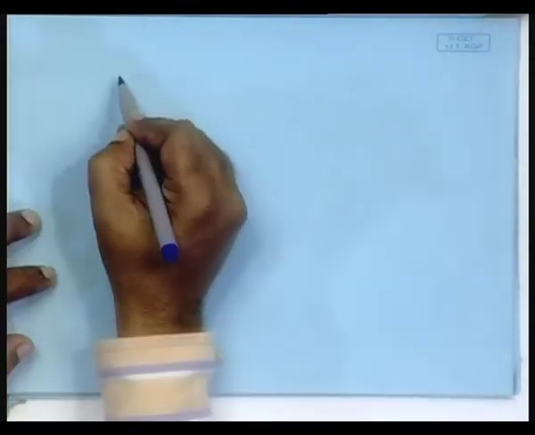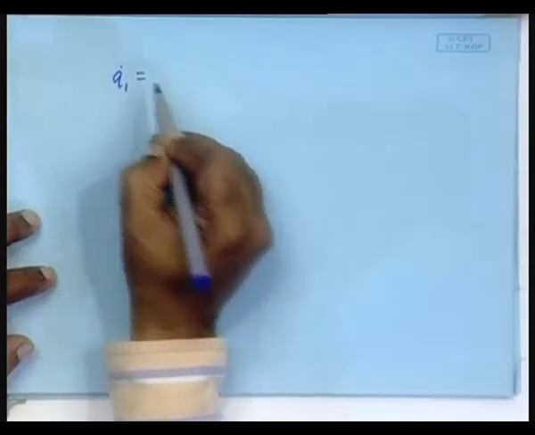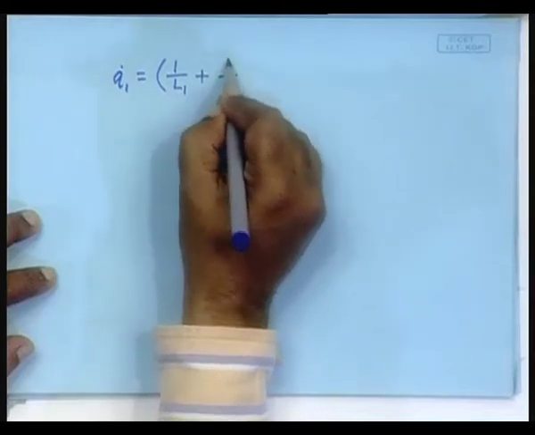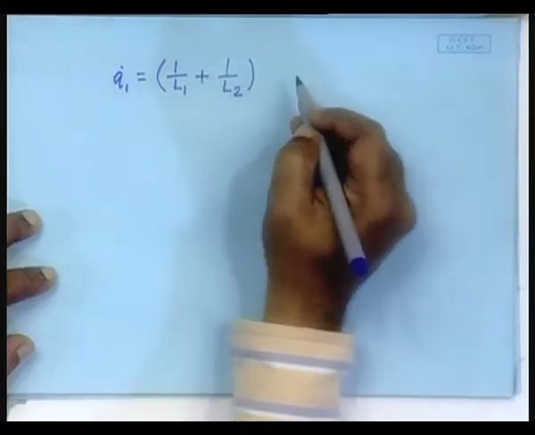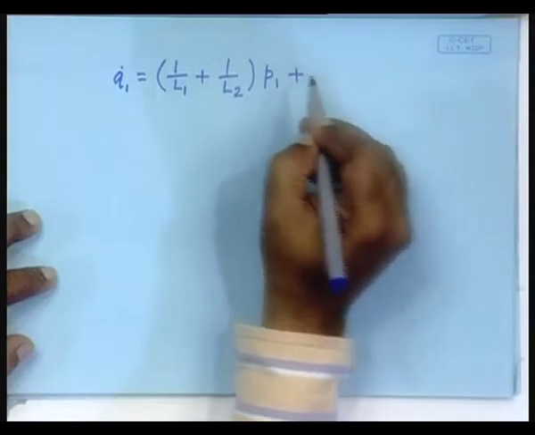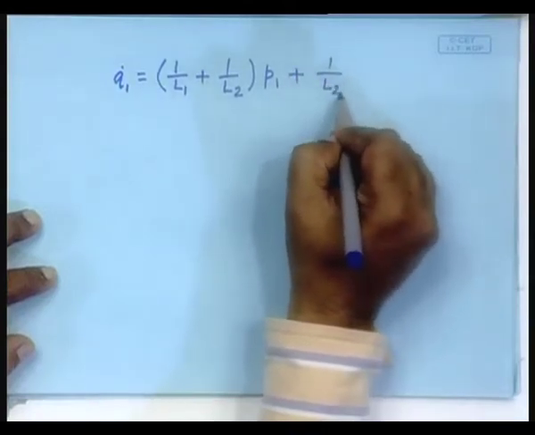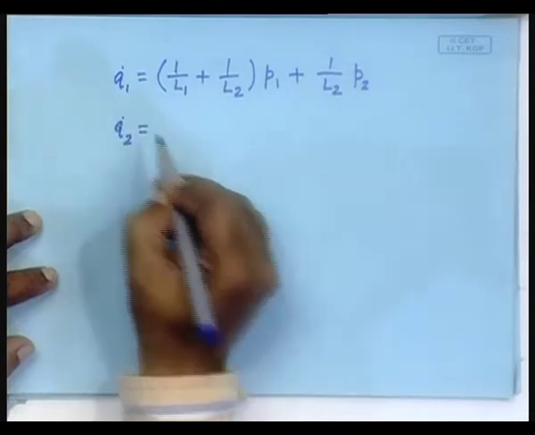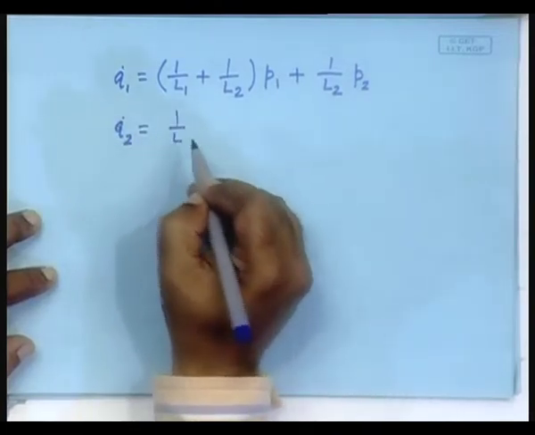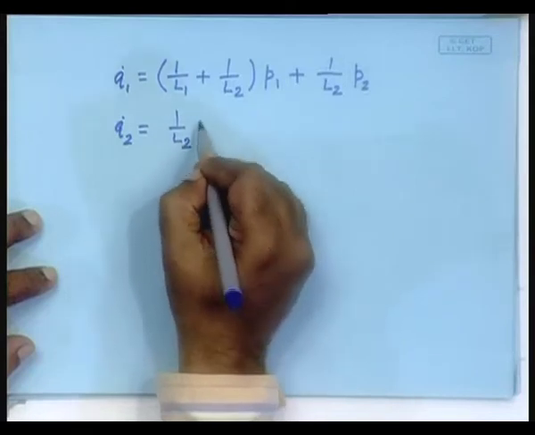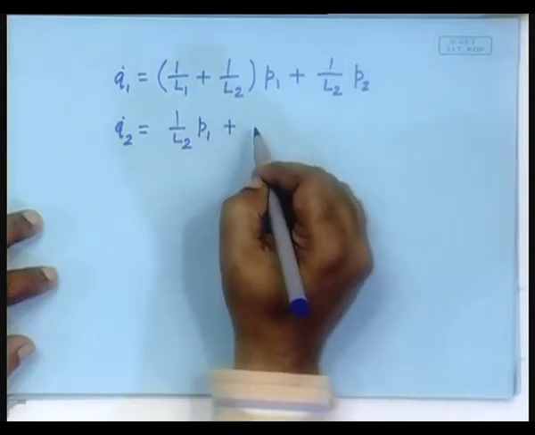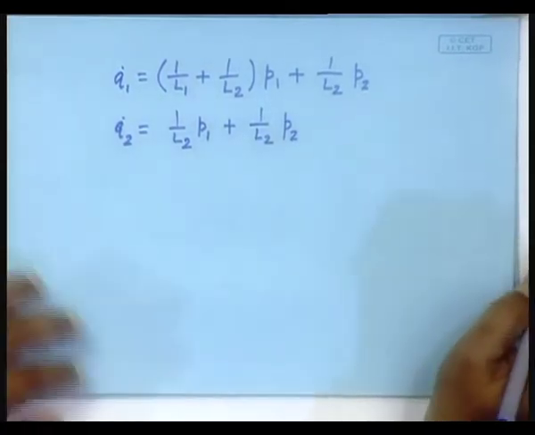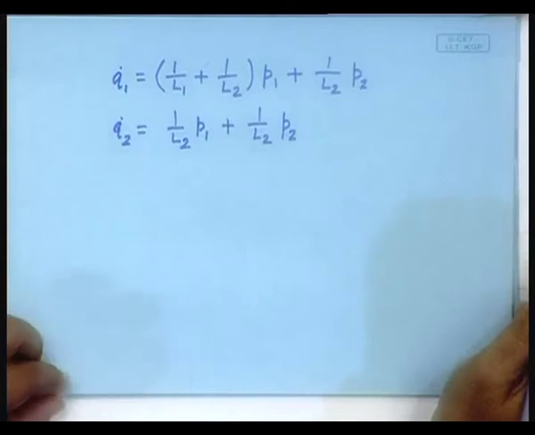So, you will get q 1 dot is equal to (1 by L 1 plus 1 by L 2) p 1 plus 1 by L 2 p 2, and q 2 dot is equal to 1 by L 2 p 1 plus 1 by L 2 p 2. Check.